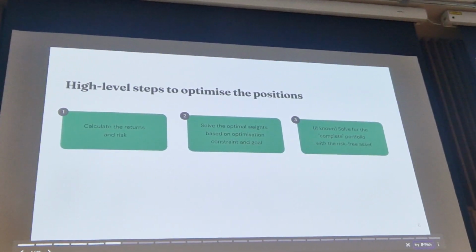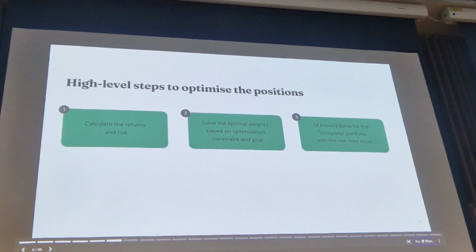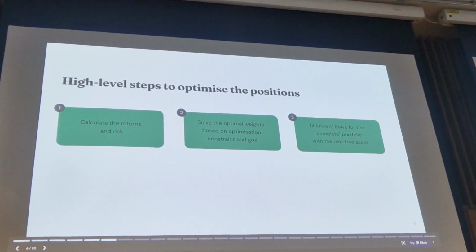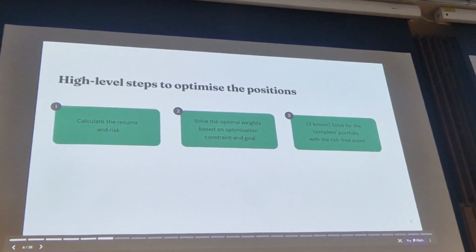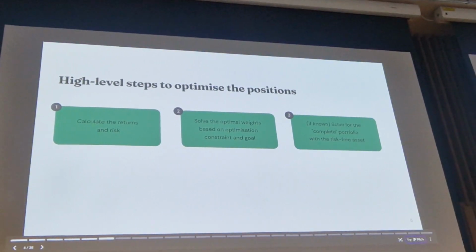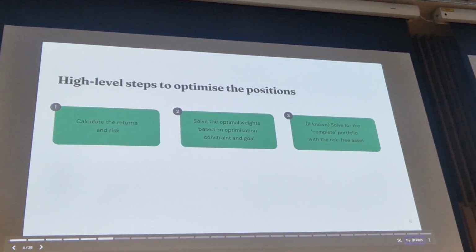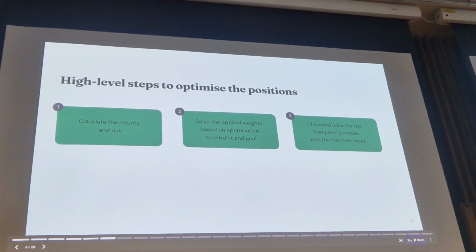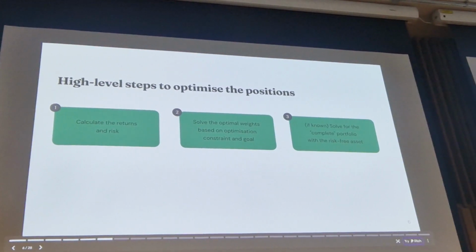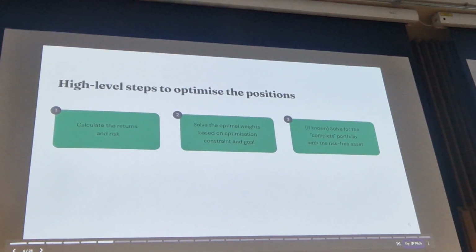First of all, we have to understand the returns and risk, or basically the returns profile of our tokens in the portfolio. And then we do solving for the optimal weights. And the last one is, I don't do this because it's a bit difficult to assess the individual investor's risk score. But yeah, that's actually part of the complete portfolio creation.